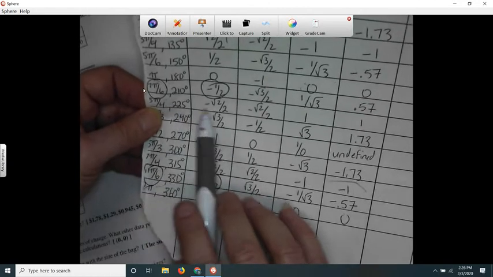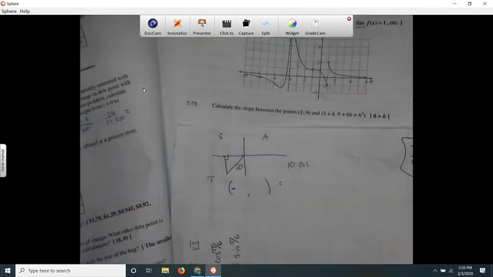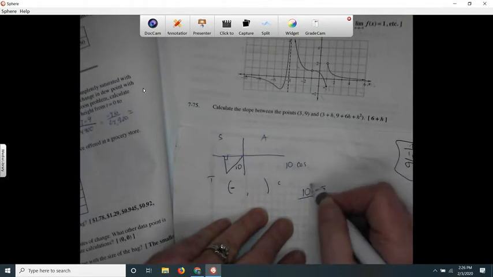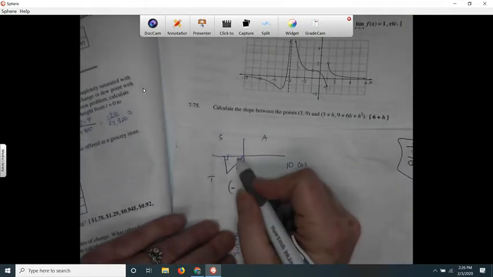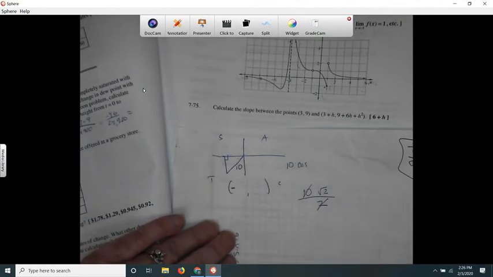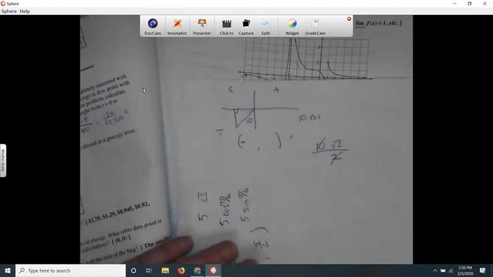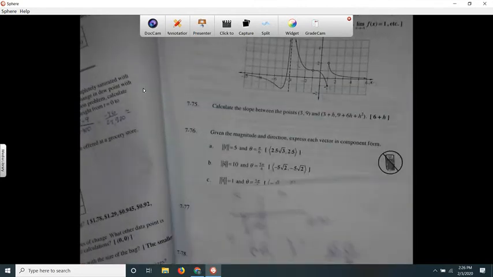So cosine of 5 pi over 4 is root 2 over 2, using the 45 degree triangle. We're on letter B. So this will be negative root 2. Is that how they got it?